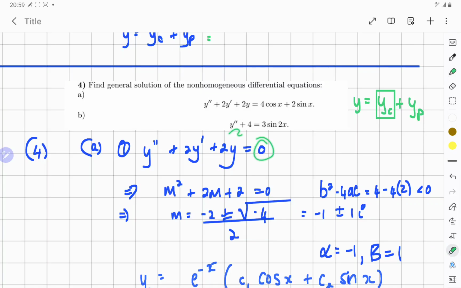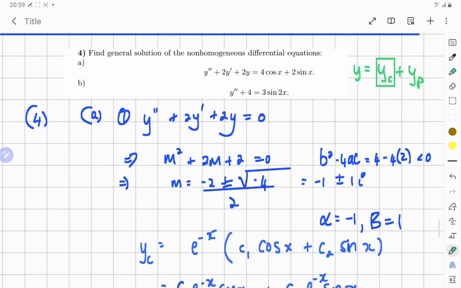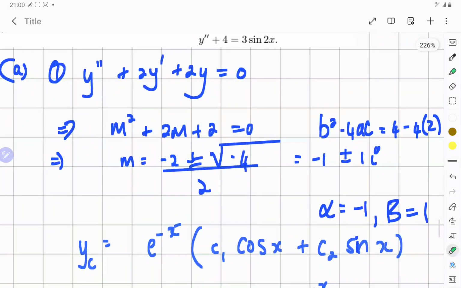That's then equal to 0. You have your auxiliary or your complementary function, your characteristic function. What you're going to do, you see here that b squared minus 4ac is less than 0, which means complex roots.